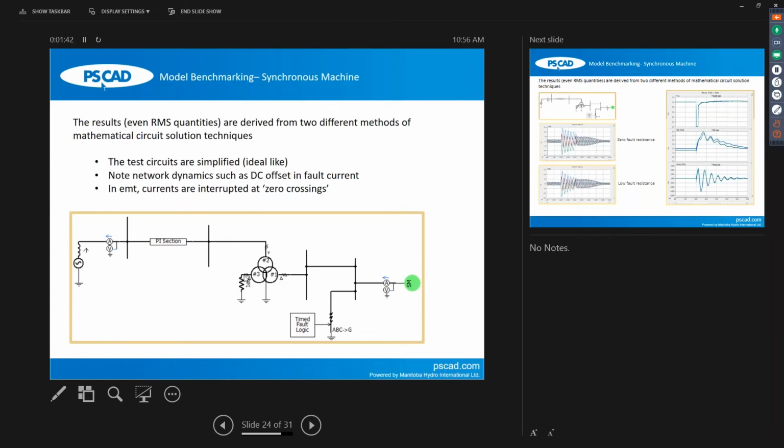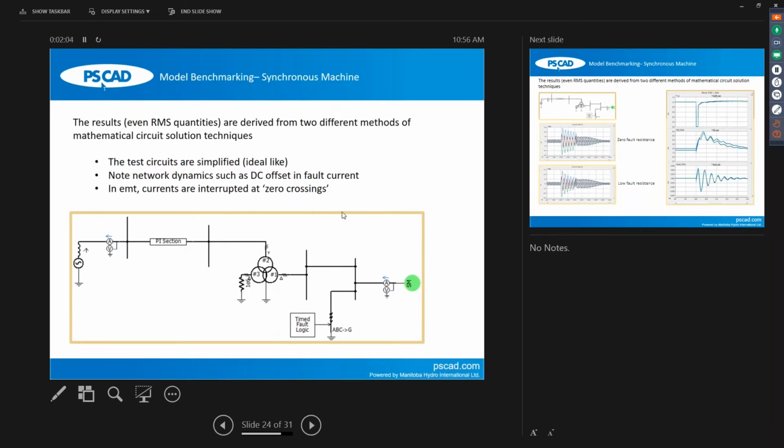One of the things to keep in mind is most of these benchmark tests are performed on simplified single machine to infinite bus type systems, like idealized circuits, and that could sometimes give you problems.